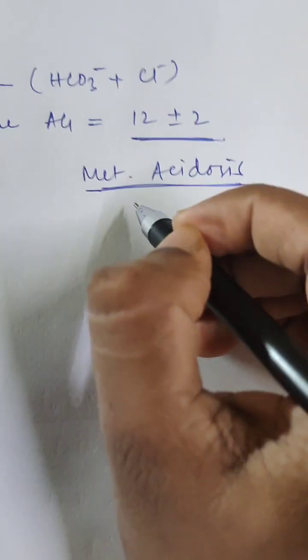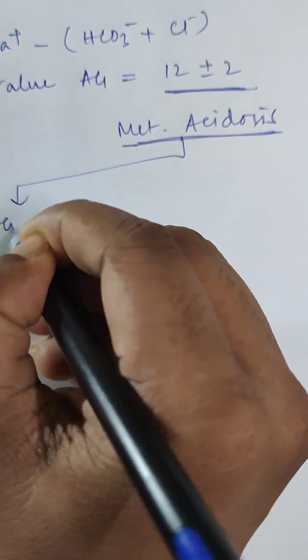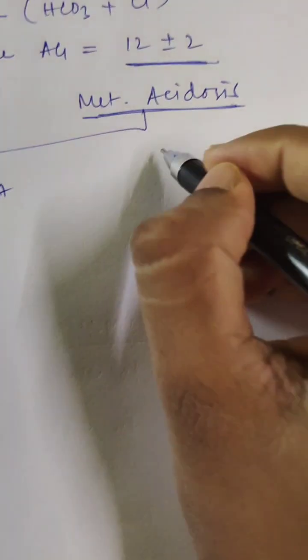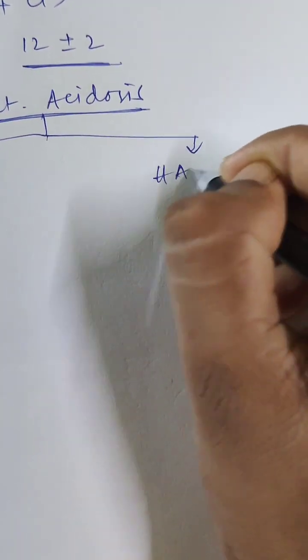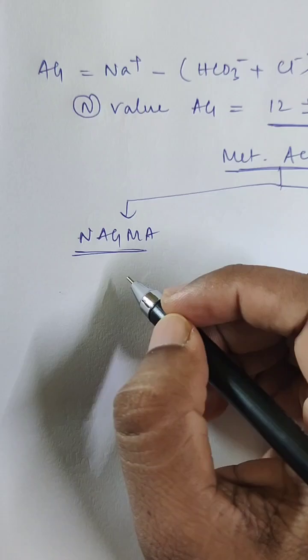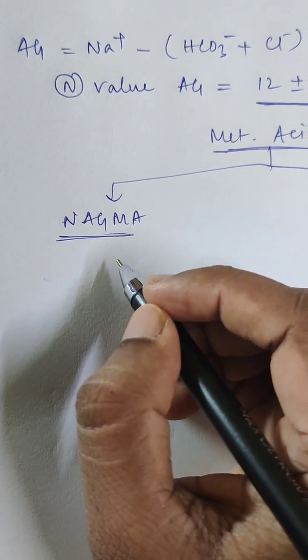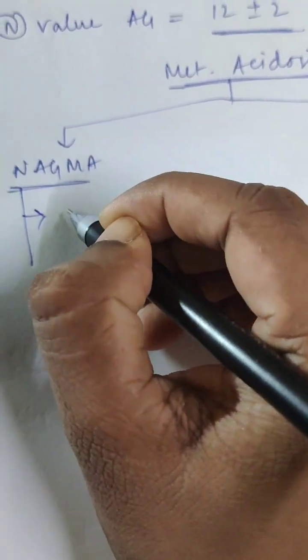If the anion gap is normal, it will be called NAGMA, that is normal anion gap metabolic acidosis. And if the anion gap is high, it will be called high anion gap metabolic acidosis or HAGMA. Now normal anion gap metabolic acidosis can occur due to two causes, simply two causes.